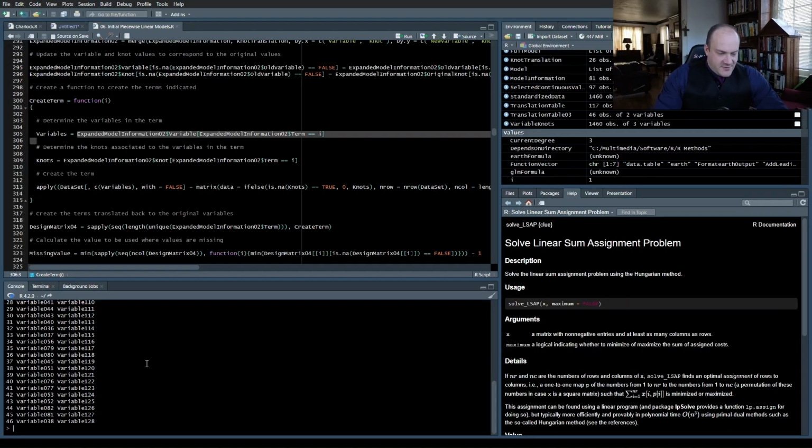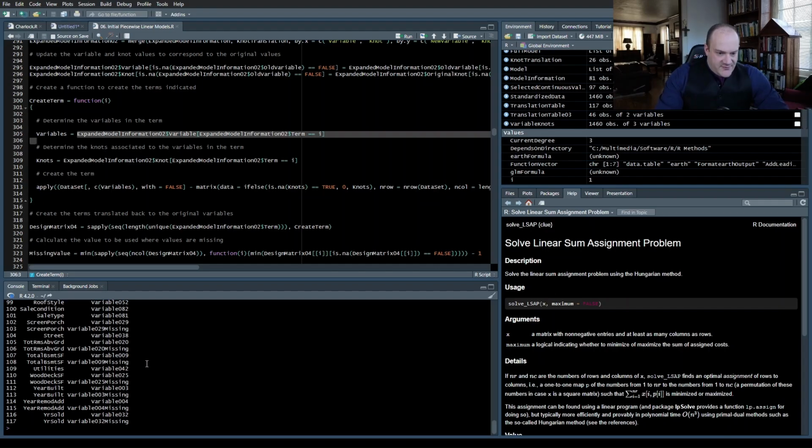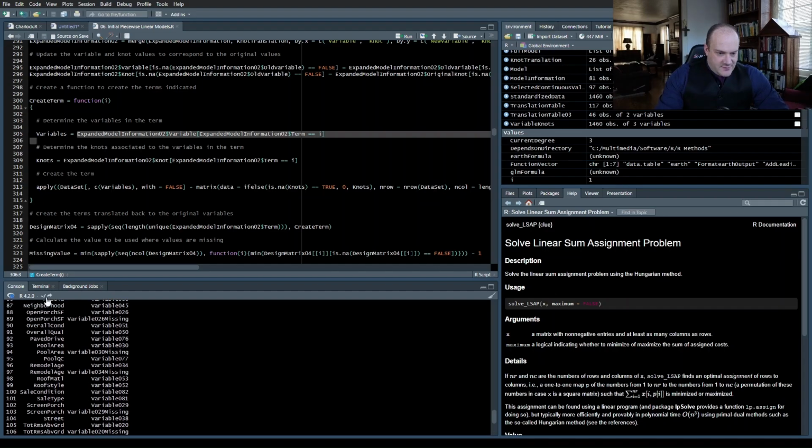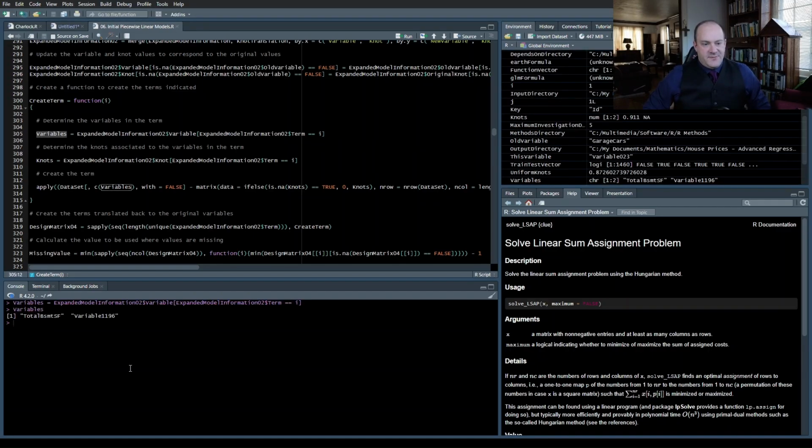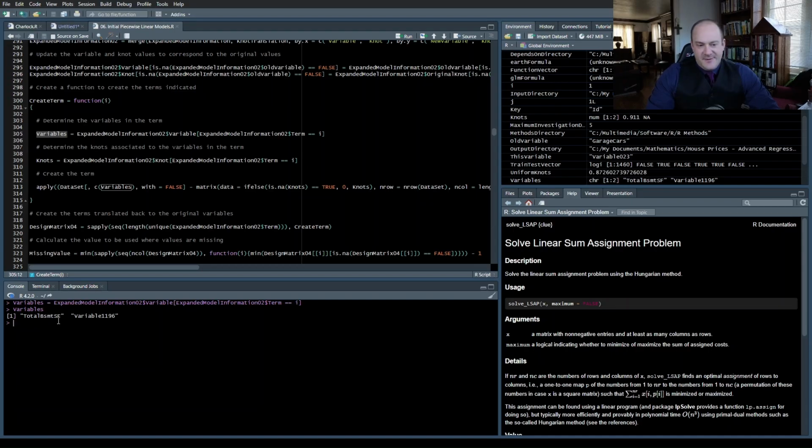So 119 corresponds to 45, and 45 corresponds to neighborhood. So right here, this is just saying some collection of neighborhoods multiplied by the total square footage of the basement. That's what's going on there.